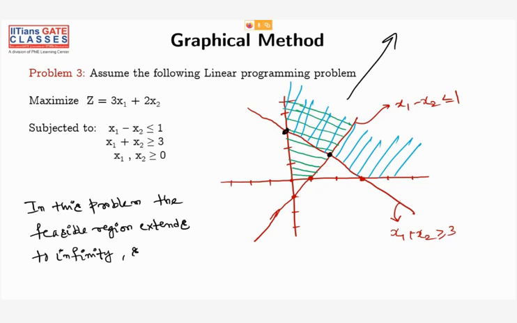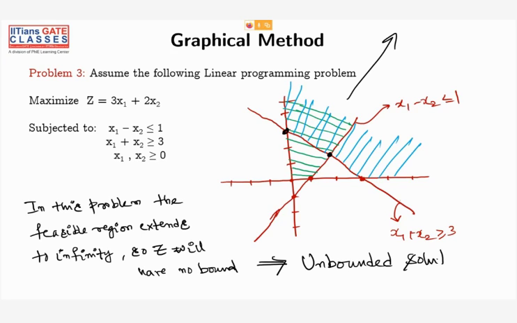So Z will have no bound. Hence, this solution is called an unbounded solution. So this is one special case of your problem. That is your case 1, your unbounded solution.